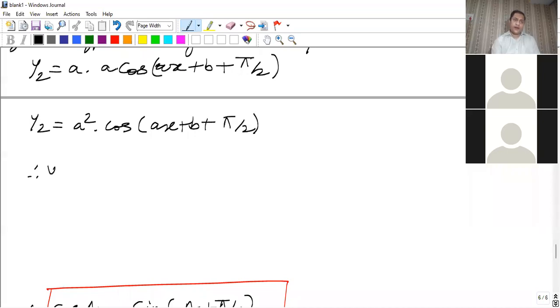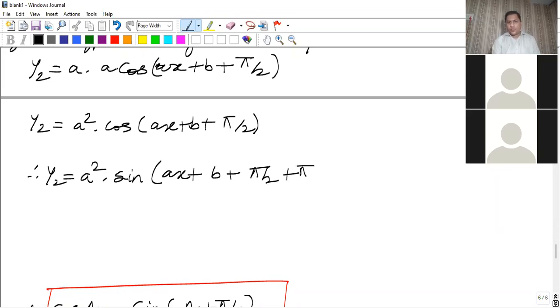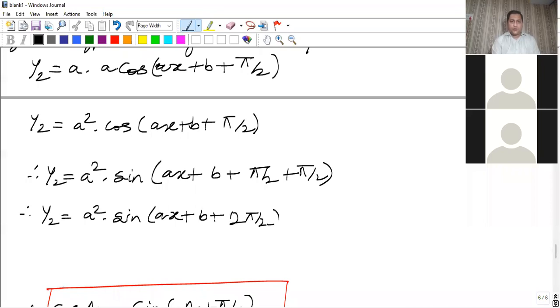Can we write it as y2 is equal to a square sine of ax plus b plus pi by 2 plus pi by 2? So we got here y2 is equal to a square sine of ax plus b plus 2 pi by 2.